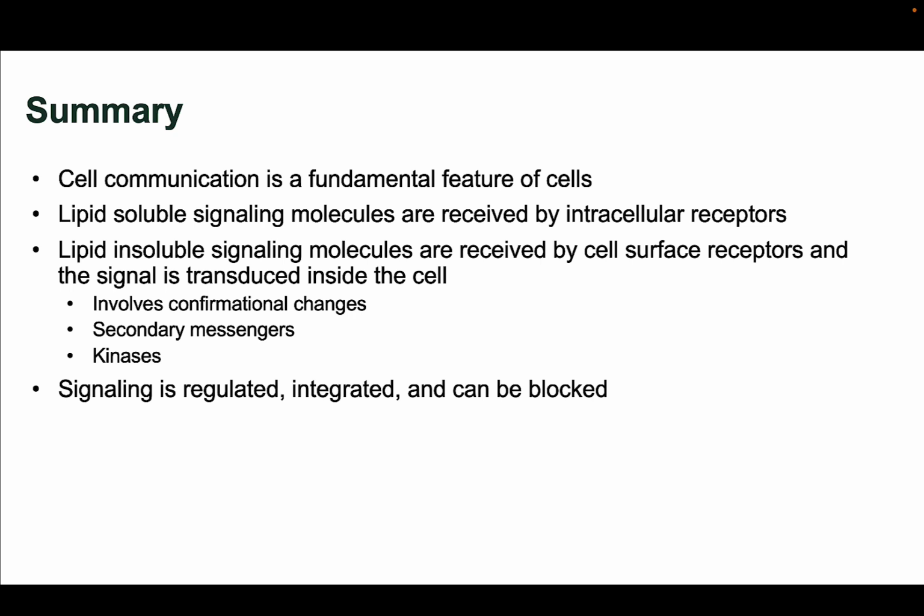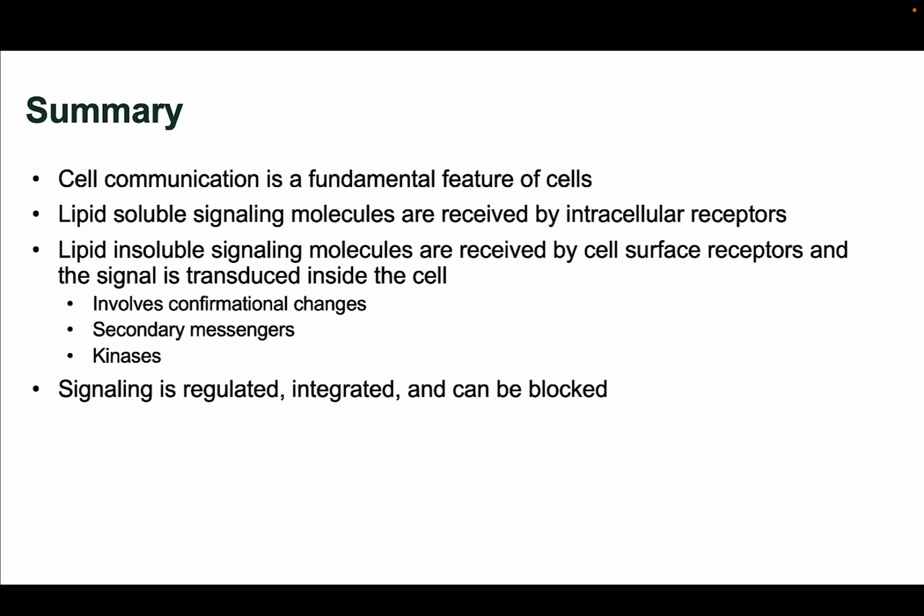So in summary, cell communication is a fundamental feature of cells. Lipid-soluble signaling molecules are received by intracellular receptors, and lipid-insoluble signaling molecules are received by receptors on the cell surface, and then that signal is transduced inside the cell. This usually involves some sort of conformational change in the receptor, as well as either the production of secondary messengers and/or the activation of kinases.